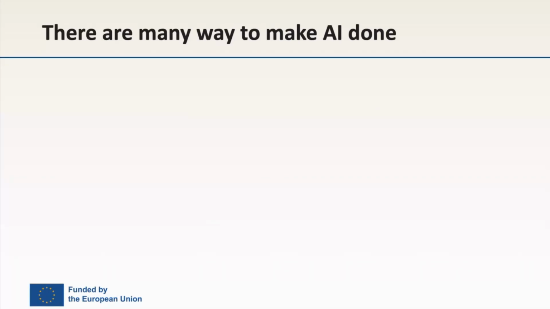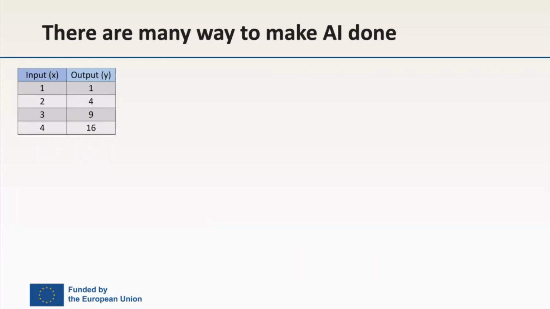In order to see how we think and try to solve problems as intelligent people, and how machine learning works, we need to see this example. Here, we have X as an input and Y as an output. If we have 1, we get 1; if we have 2, we get 4; if we have 3, we get 9; then 4, 16.